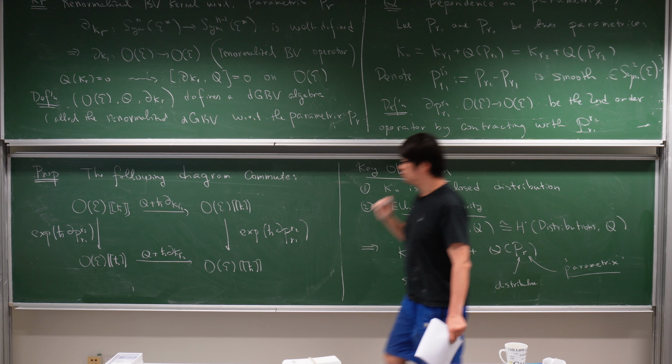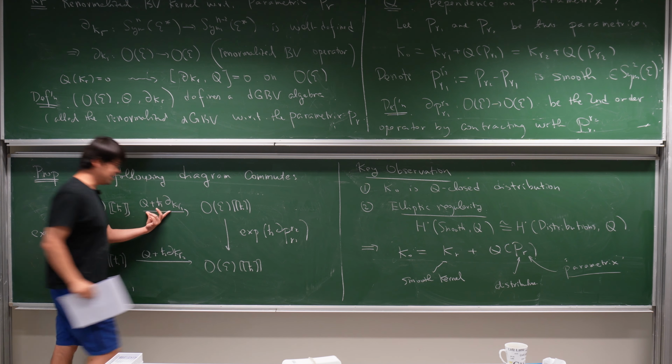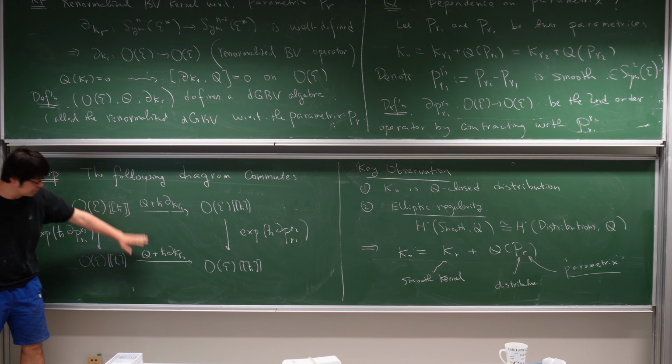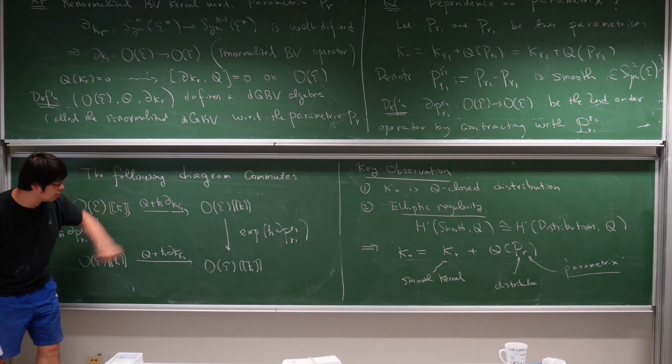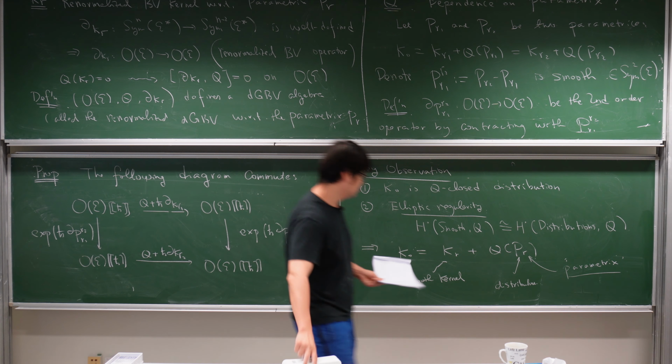And this is a key proposition. It means that this operation, which defines the quantum master equation in the first BV complex, if you choose a different regularization, a different parametrix, they are chain homotopic by this operator. So that's the precise statement.